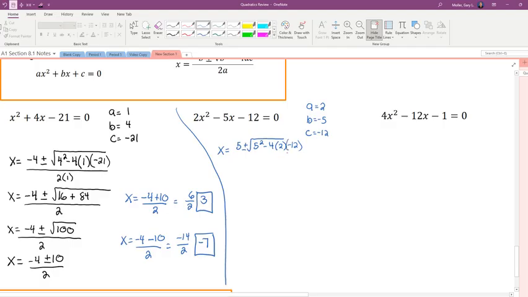You will notice that I did 5 squared instead of negative 5 squared, simply because it doesn't matter, because I'm about to square whatever that number is, and that will always be a positive. And the whole thing's divided by 2a, which is 2 times 2.